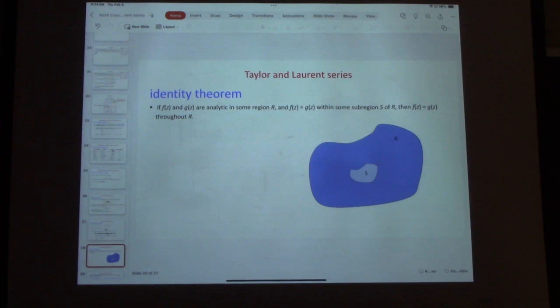Okay? So sometimes it's a little bit difficult to imagine why that is. Why can I not define a function? Well, these two functions, yeah, I can define them to be the same on this smaller region, but outside I can make it different, right? You can do that. But if you do that, one of the functions, or both, will not be analytic everywhere.